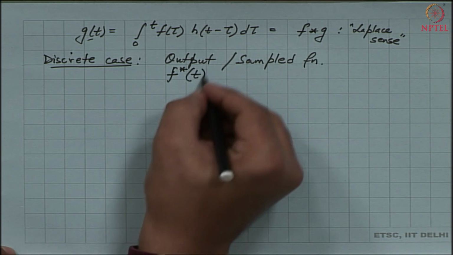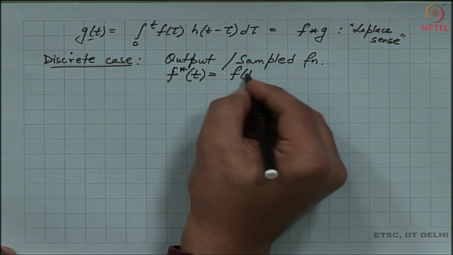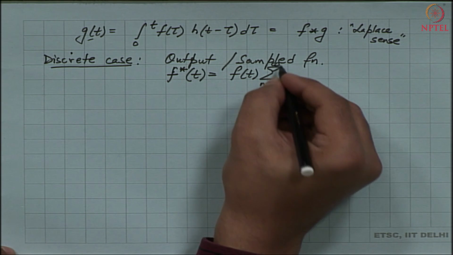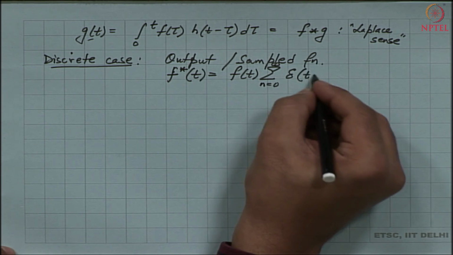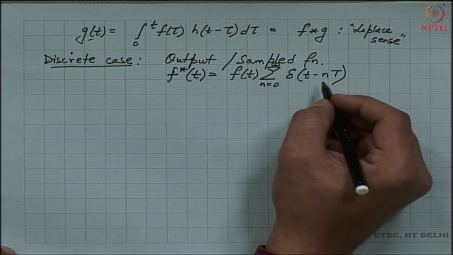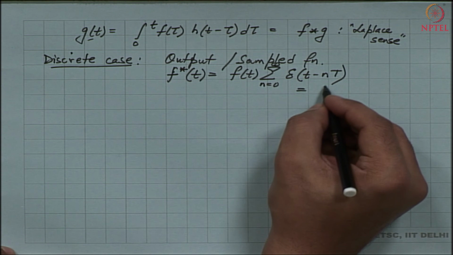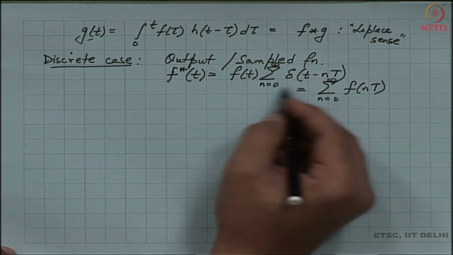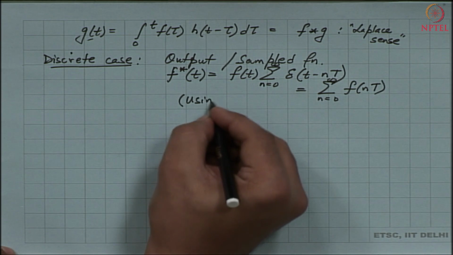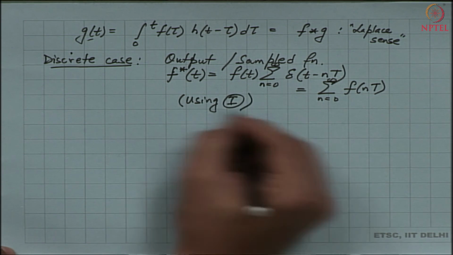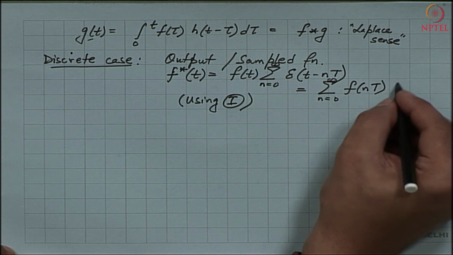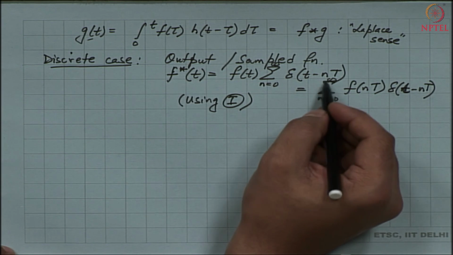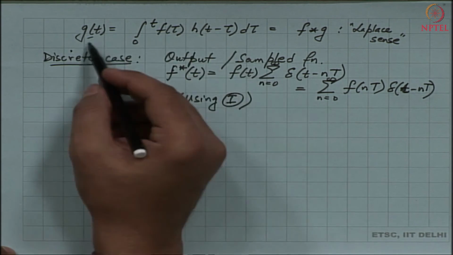So, f star of t is f of t times the summation, n from 0 to infinity, of delta of t minus n t. This is also equal to the summation, n from 0 to infinity, of f of n t delta of t minus n t, using my fundamental property of the delta function, using 1. This is the discrete case of the above expression in the integral form.